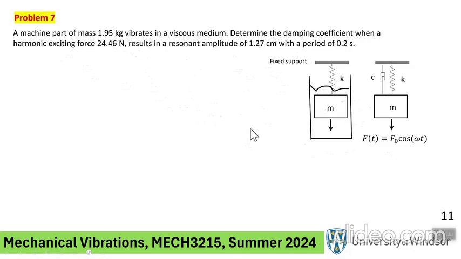Okay, and on this mass there is a harmonic force acting, and we know that when the frequency omega is at the resonance, in other words, this omega matches the natural frequency, then the amplitude is going to be 1.27 centimeter, and the period of oscillation is 0.2. Okay? So first of all, when we have the period of oscillation, we have the natural frequency.